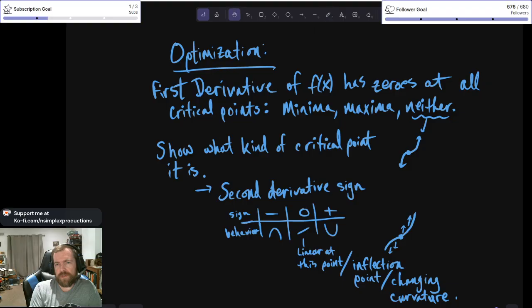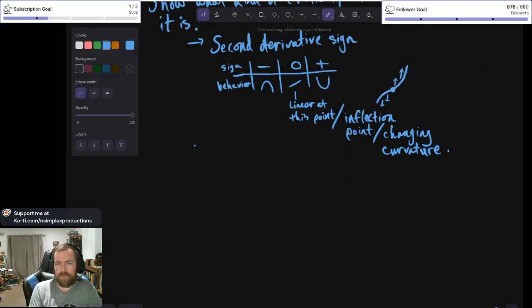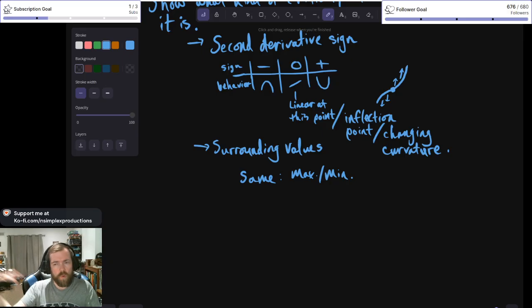Other options that we had looked at: look at the surrounding values, because again, if they're the same, that's either going to be a maximum or a minimum, depending on which way the points immediately surrounding it go.